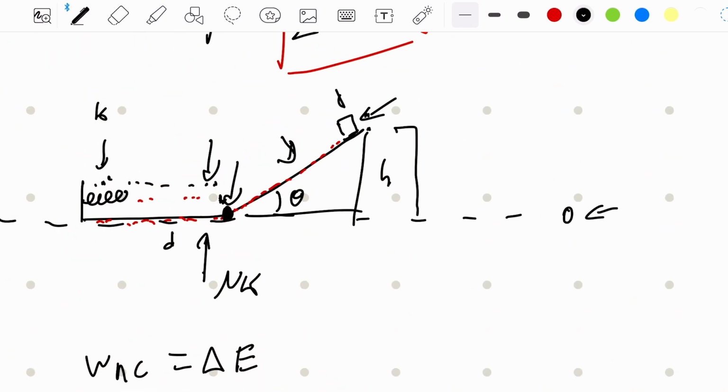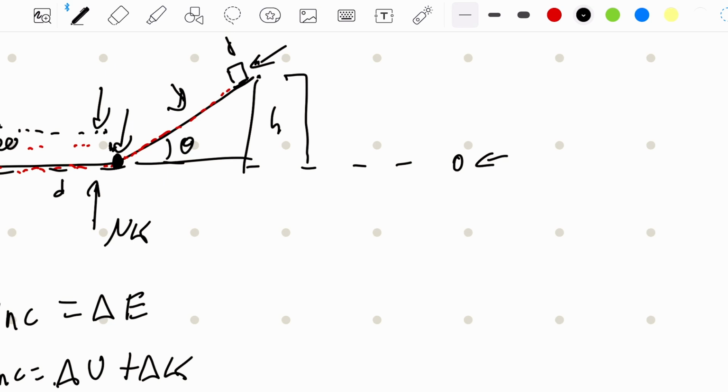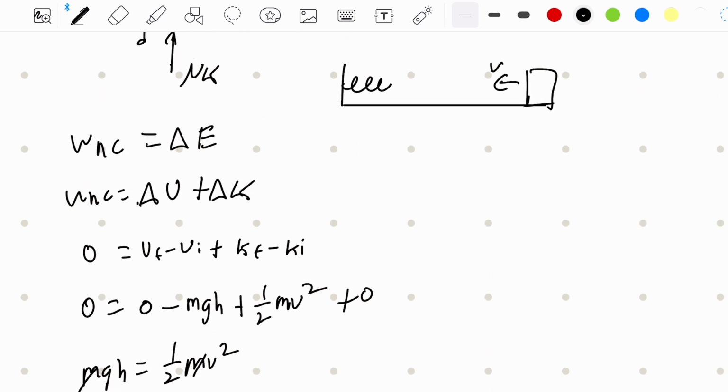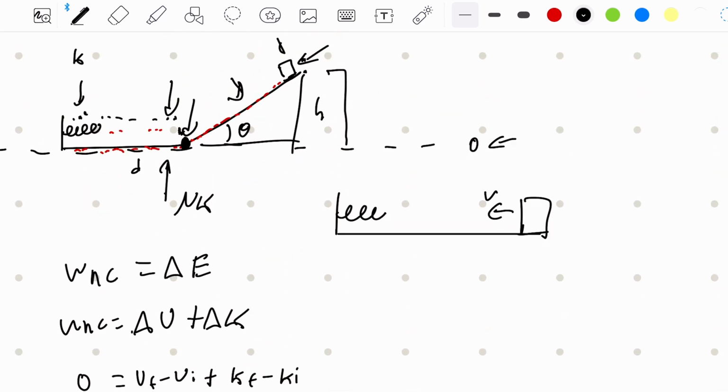Okay. Now let's redraw this picture, but with the block now at the bottom, right? So the block is now here. It's hit the bottom of that spring. It has some initial velocity v, because we just said it has that initial velocity v at that point.